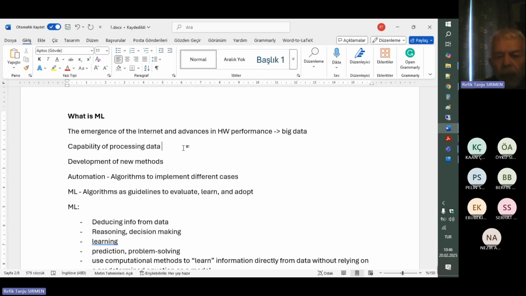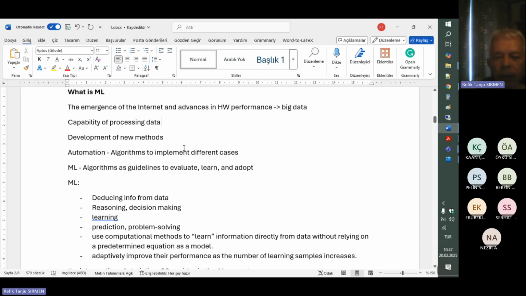And at the same time, of course, when we reached that capability of processing such data, researchers started working on developing some new methods. Those advances caused the machine learning field to improve and gain increased popularity and attention.